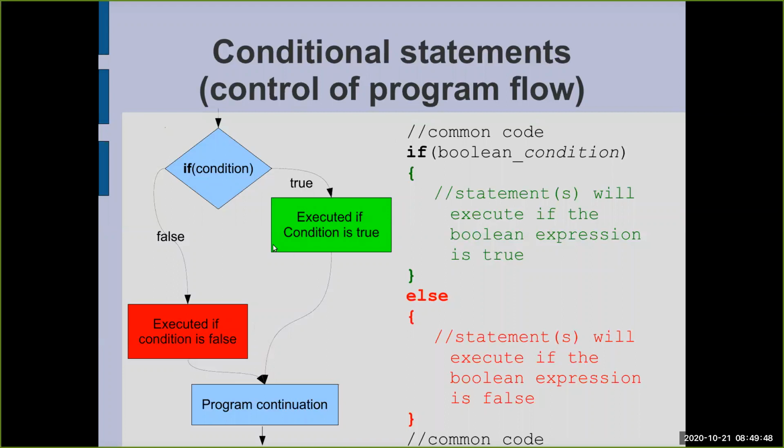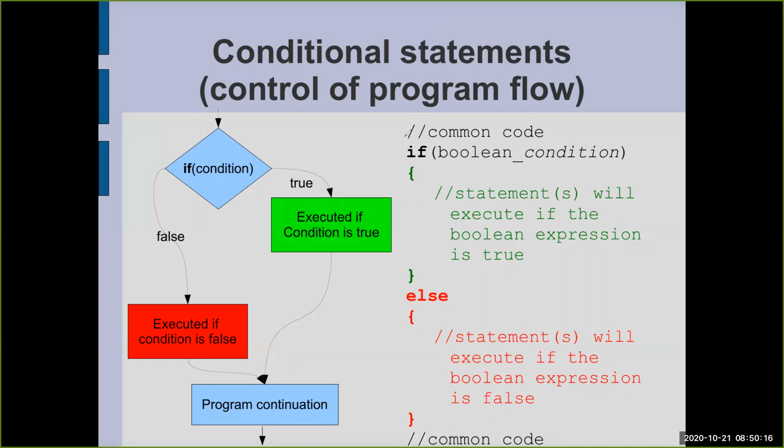And finally, when one of these two has been executed, the program continues, so it doesn't matter which part of code was executed. This piece of code is common for all of the parts, okay?